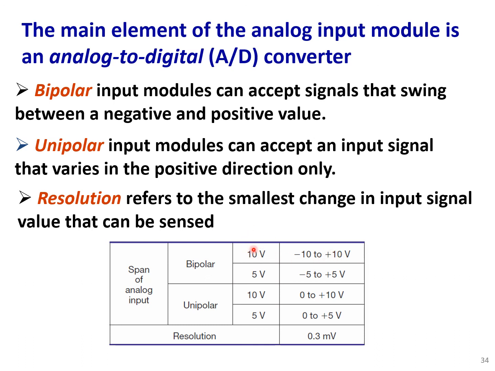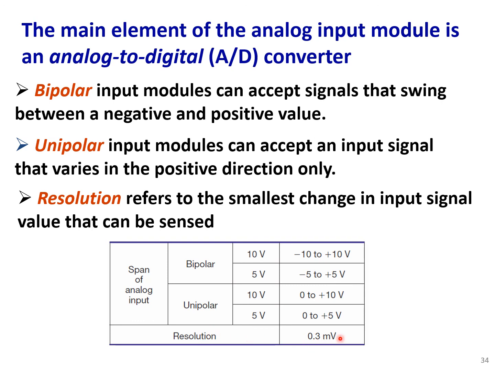So the span is 10 voltage. And this one is another type from minus 5 to 5. We have also here two type of unipolar. And here you see the resolution, yes. And for both of these cases, we have 0.3 millivolt resolution.